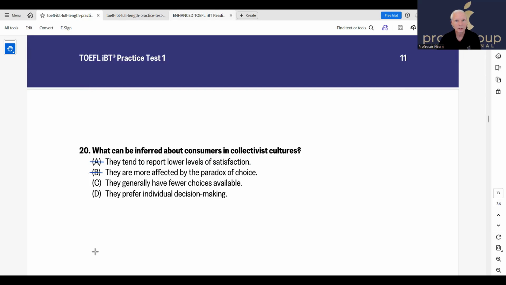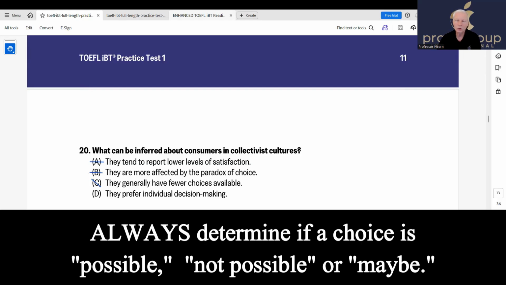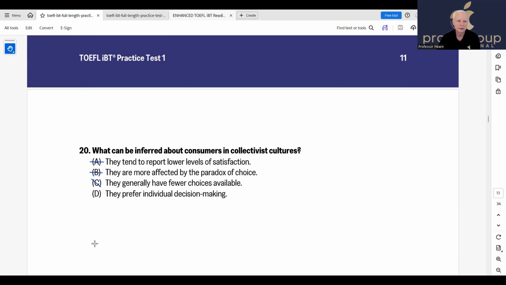That's exactly what our sentence said, so I'm going to say that's possible. I'm not saying that it's right, because there are no right answers on the TOEFL iBT. I'm saying that it's possible. And what about choice D? They prefer individual decision making. There was absolutely nothing mentioned about their preference of individual decision making, and therefore choice D is not possible, leaving us with choice C as the best answer.